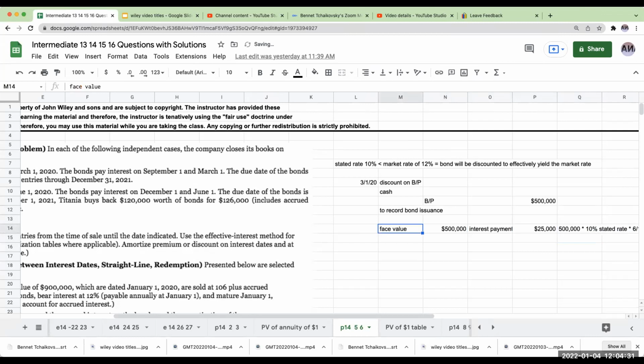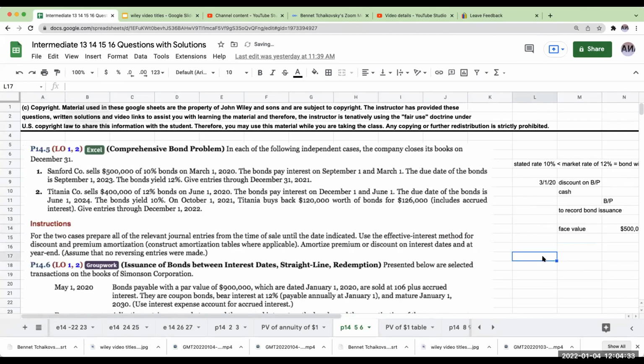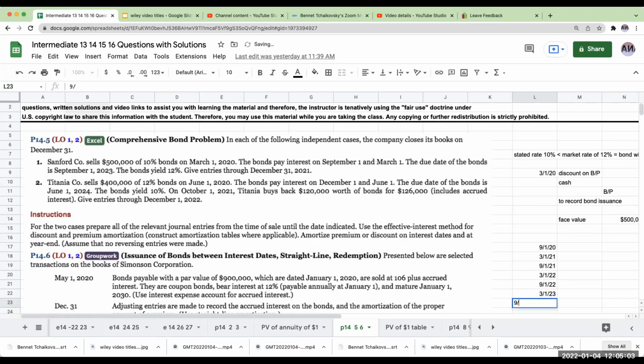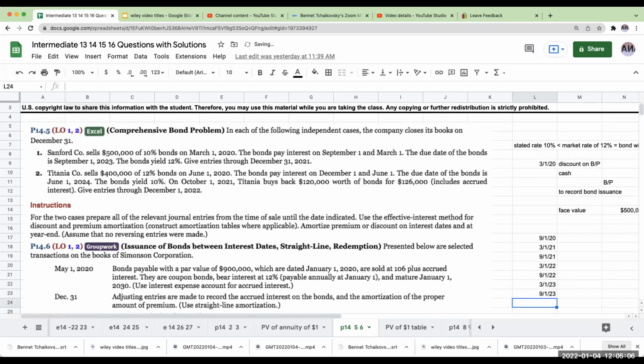Okay, so now what I want to do on this one is actually write out all the dates. So I sell them on March 1st, and they're going to pay interest on 9/1/20. My next date is going to be 3/1/21, then 9/1/21, then 3/1/22, then 9/1/22, 3/1/23, and then 9/1/23.